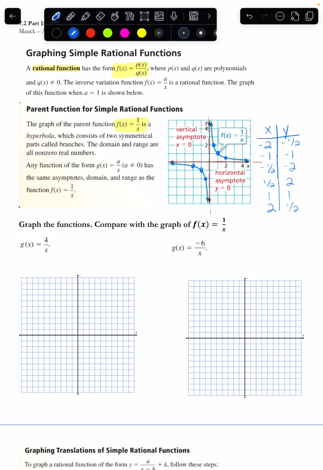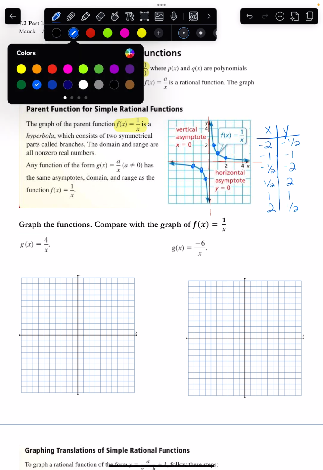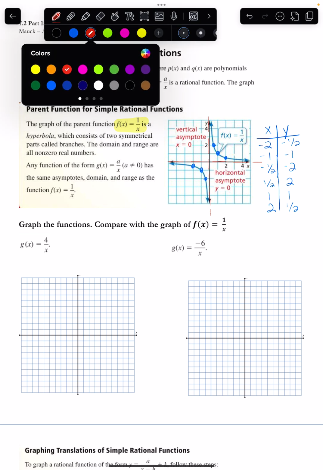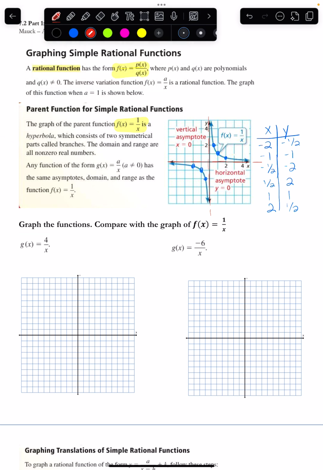The main ones you need to worry about are the -1, -1, and 1, 1 points. And then just remember that you have your asymptotes. When we look at the examples down here, we're always going to start by putting in that parent function.